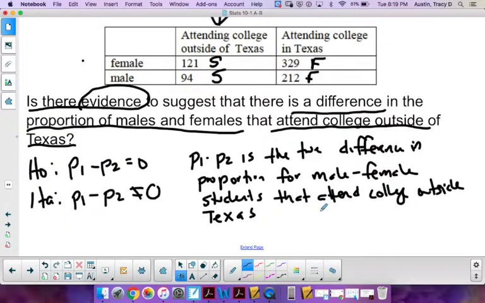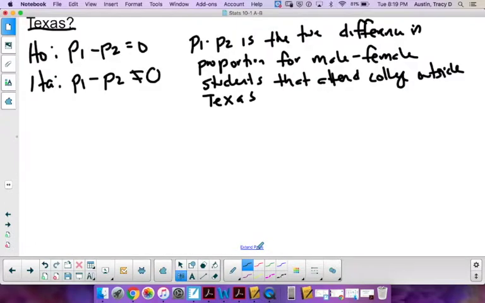You could put in the true difference in proportion for Texas students that attend college outside Texas, and then put male minus female afterwards. That's also fine. Again, getting those key points in there.